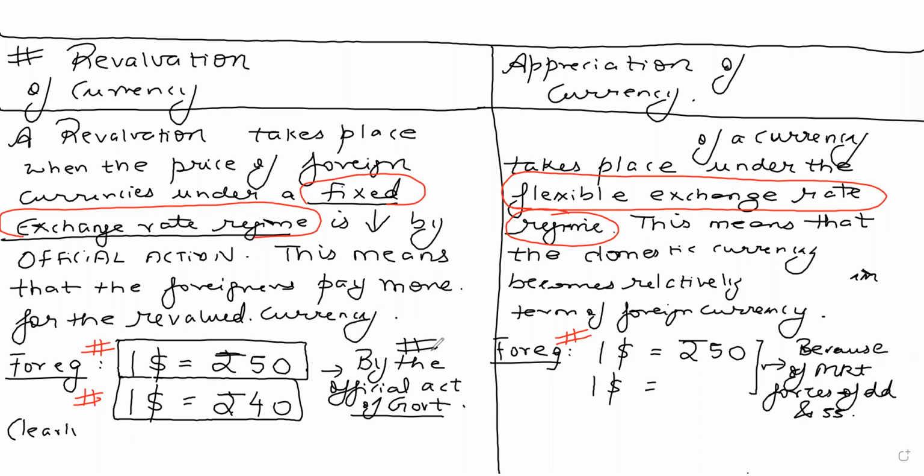Now, guys, you can see that rupees have now become more expensive compared to dollars because foreigners were spending $1 and initially getting 50 rupee worth of goods. Now they are spending the same $1, but now only getting 40 rupee worth of goods. So I can say clearly rupees have become relatively more expensive compared to dollars.